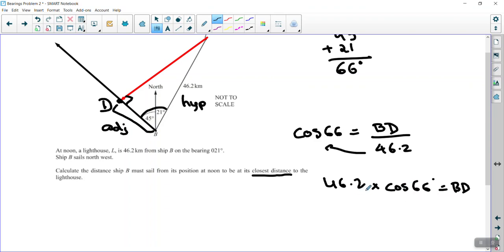Now plug this in your calculator. Again, make sure that it is on degrees, and you would get your answer as 18.8 kilometers. So that is it for this part of these questions. You have to determine what you are required to find and apply the cosine rule, sine rule, or just right angle trigonometry as is relevant to a problem.